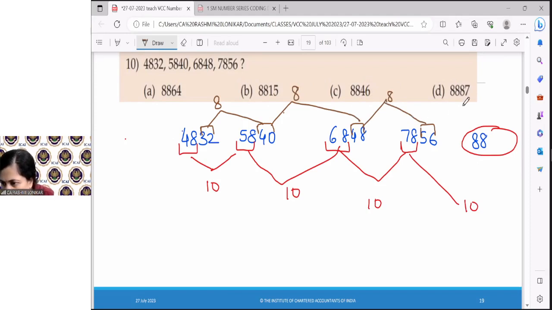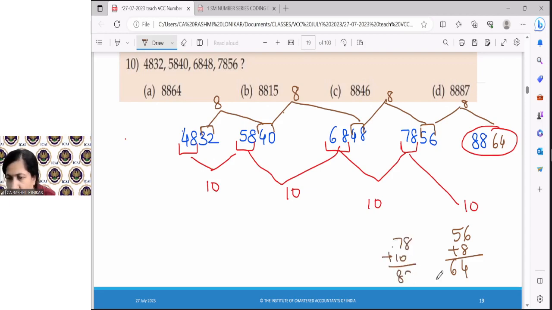So 56 to what? Again, difference is 8. 56 plus 8 gives me 64. And that was 78 plus 10 gave me 88. So number is 8864. This will be the answer.